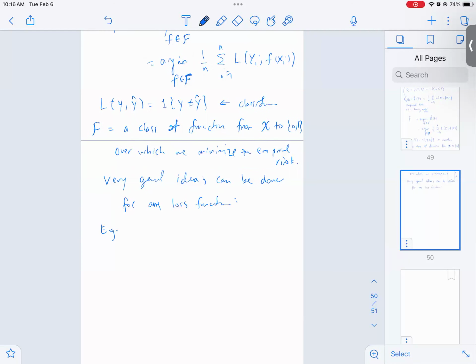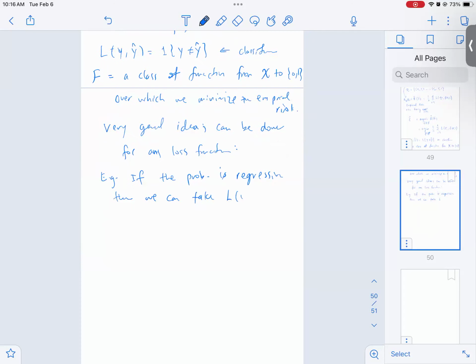For example, if the problem is regression, then I can take L to be the quadratic loss, y minus y hat squared.